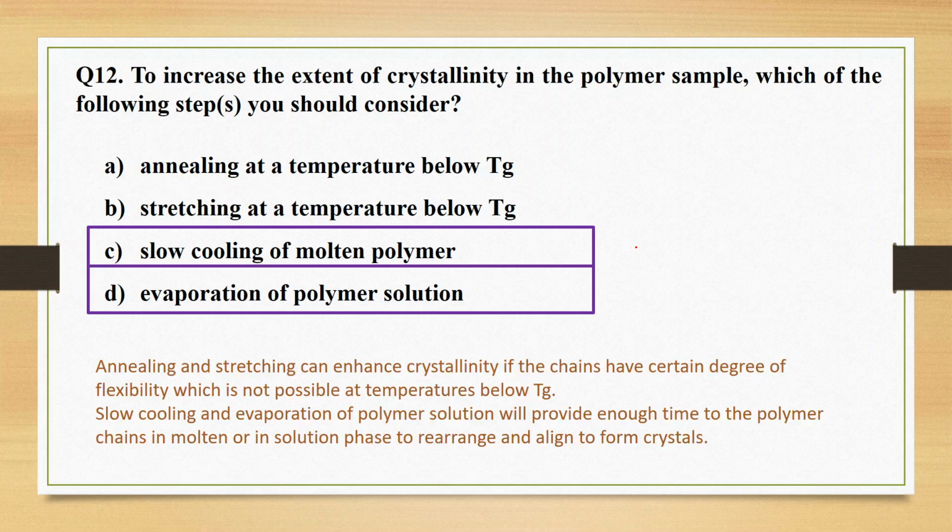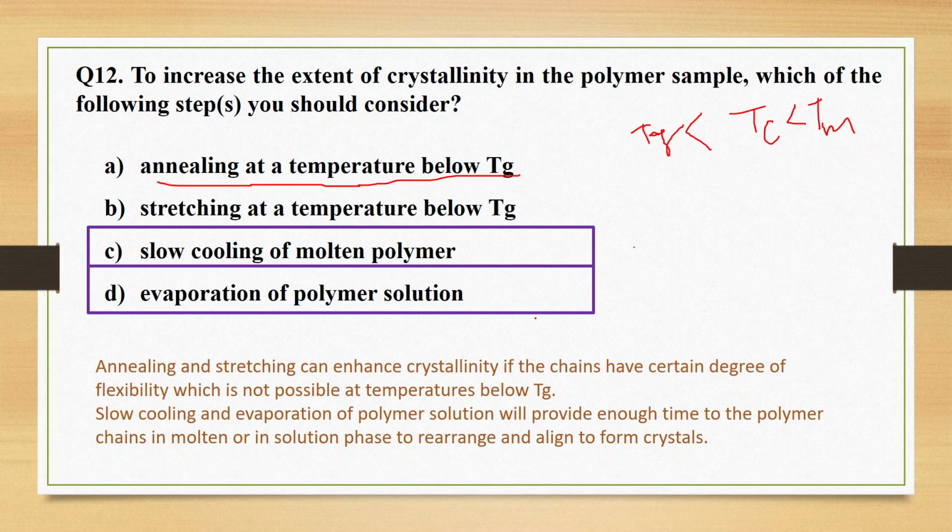Why so? Look at the first option. It states annealing at a temperature below Tg. In the previous question, I just mentioned that your annealing or crystallization temperature lies between Tg and Tm, right? Because if you are trying to impose crystallinity below Tg, how can you do it?